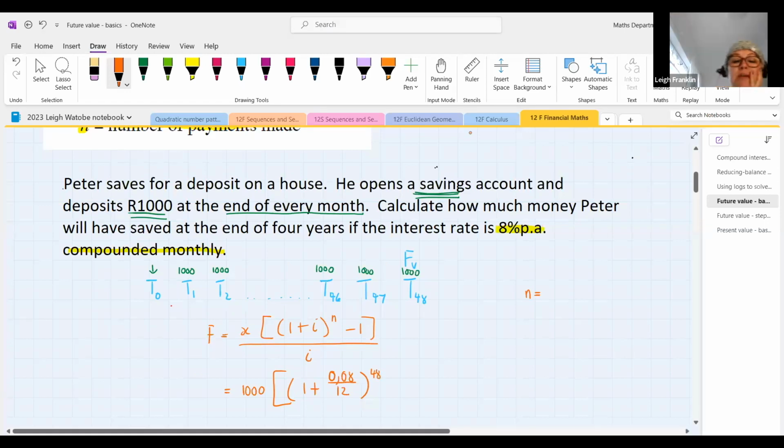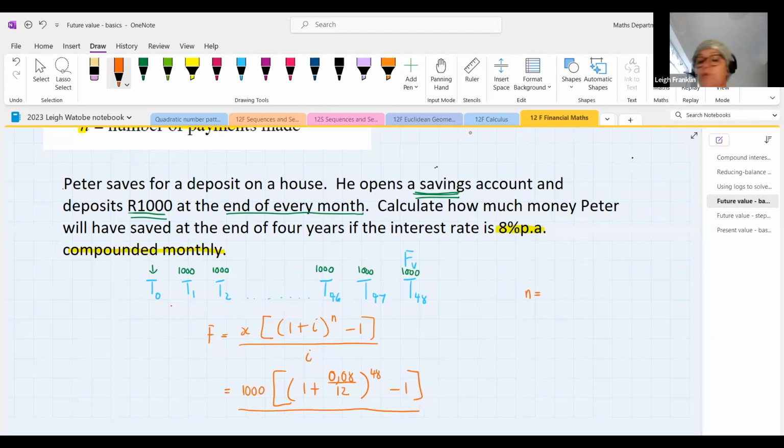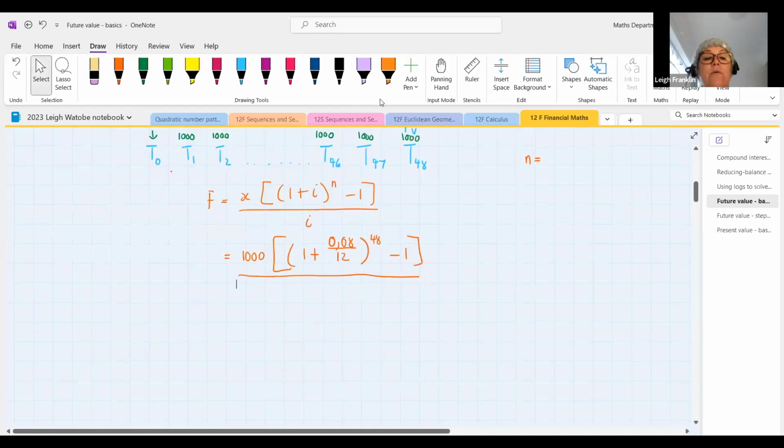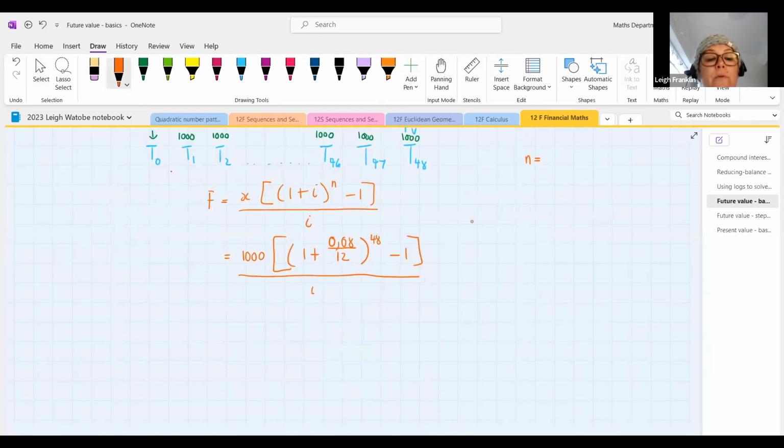So that is 48 payments. Good job. Minus 1, all over our interest rate of 0.08 over 12. And really all we need to be careful of now is the way that we enter it into the calculator, that we've done it carefully.